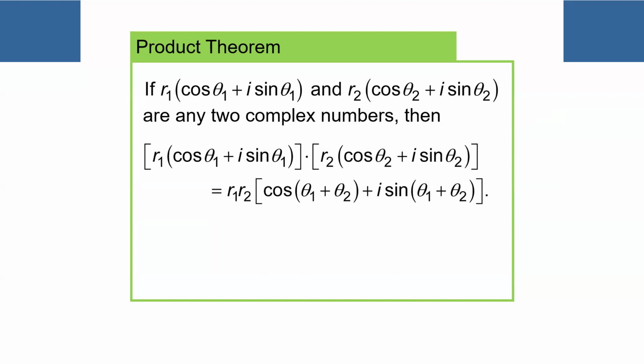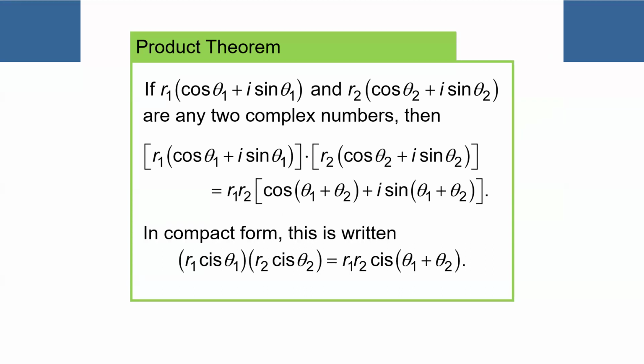Does that make sense? All right, so in shorthand, this is what it would look like if you were to write it. This is the rule you're following. So write this. The compact form.